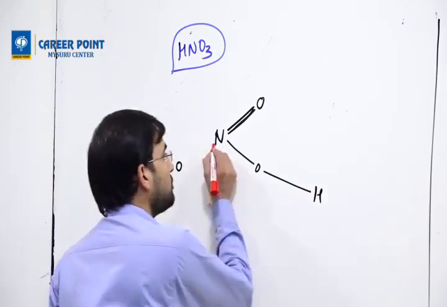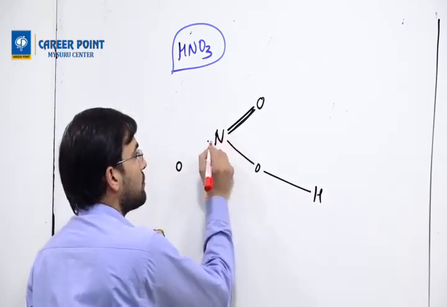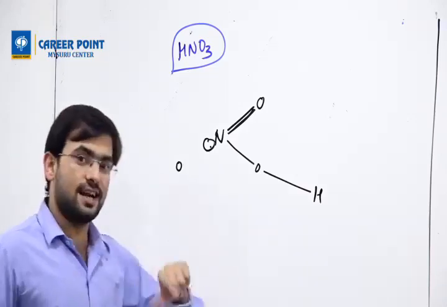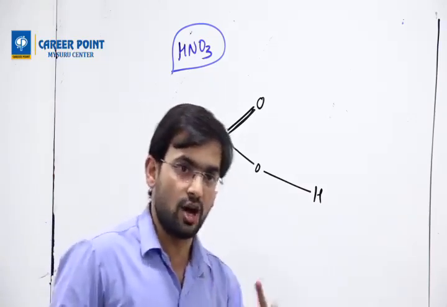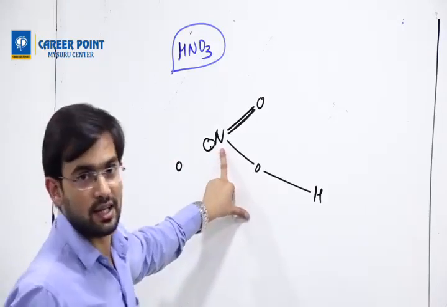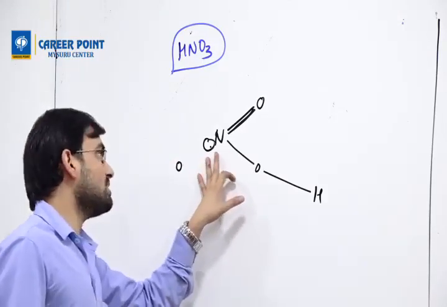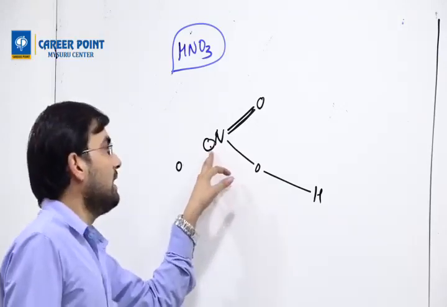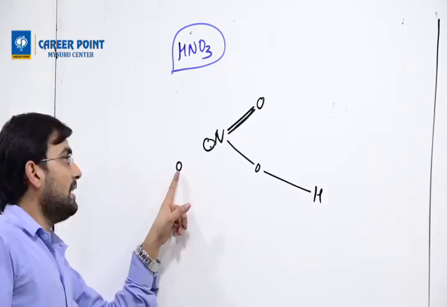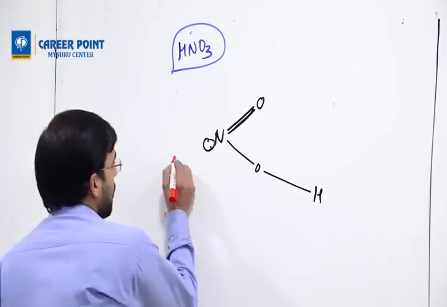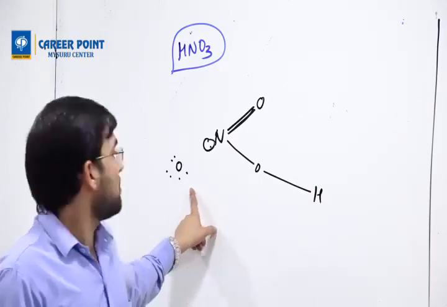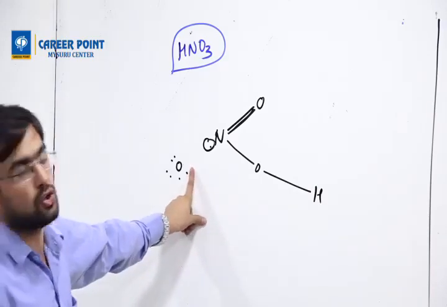And what about this nitrogen? It has got 1, 2, 3, 4, 5, one lone pair. Whereas this oxygen is unsatisfied, this nitrogen is satisfied. As this nitrogen is a satisfied atom, it has got one lone pair, but its oxygen is unsatisfied. It has got 6 electrons, 1, 2, 3, 4, 5, 6. Its octet is not satisfied because it requires 2 electrons.